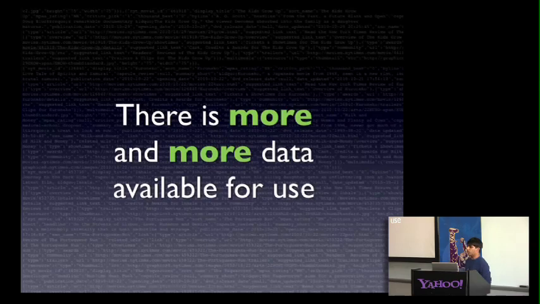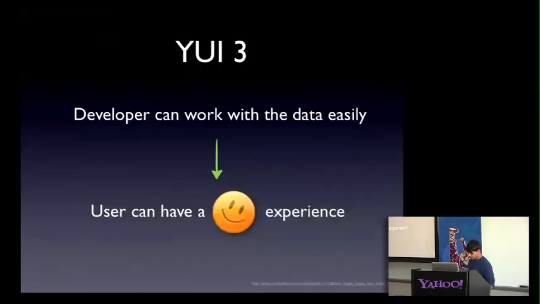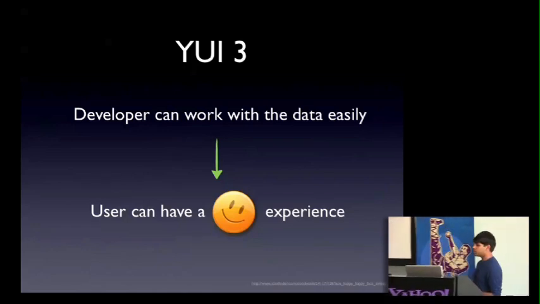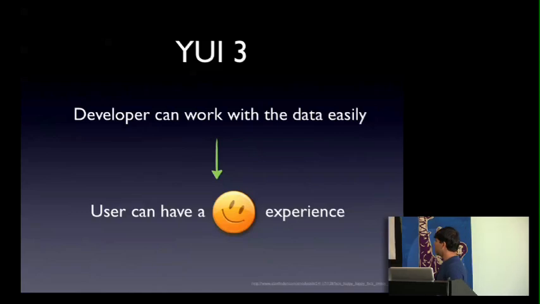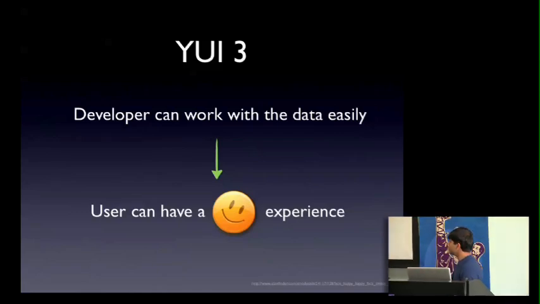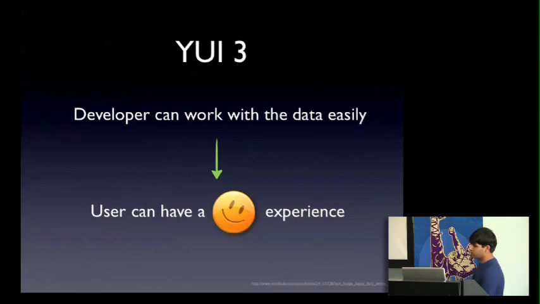It wasn't the same 5 years ago. So this talk is pretty much about that, and about how YUI 3 helps you in this process. We in YUI 3 believe that there is a rich set of utilities that you can use to help you manage data, and our goal was always to make it as easy to use as possible so that the user can have a nicer experience.